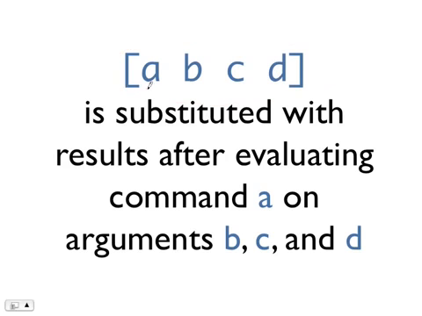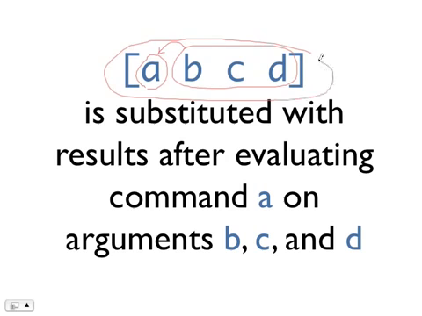Note that just like before, a will be the name of the command, bcd will be the argument of the command, and it will be passed to the procedure that executes the command, and the return result will replace this whole thing here.